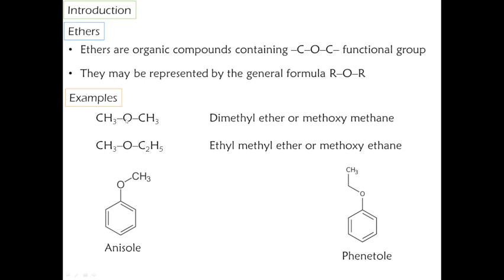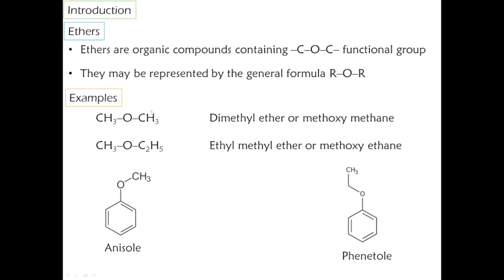Here the two alkyl groups on both sides of the oxygen are the same, we call it a symmetrical ether, and if the two alkyl groups on both sides of the oxygen atom are different, we call it an unsymmetrical ether. This ether is normally known as dimethyl ether because two methyl groups are attached on both sides of the oxygen.